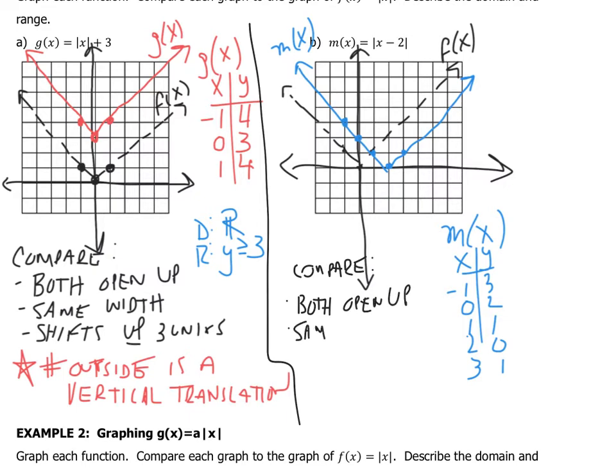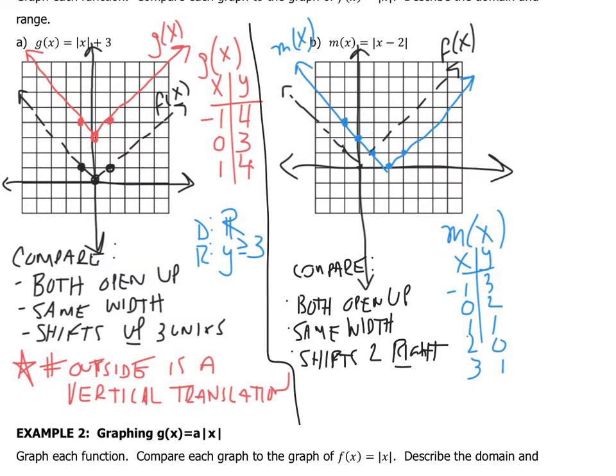Same width. But now notice this time we are shifting, which way are we going? Right. We shifted 2 units to the right this time. So our vertex is now not at 0, 0. The vertex is now at 2, 0.